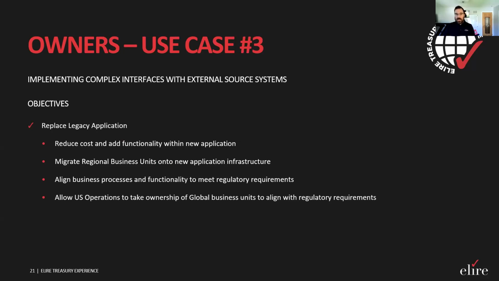At the time, there was a lot of Dodd-Frank activity happening, and the regulatory environment was changing dramatically. So it was very critical to align those business processes and the ownership of those processes within the organization.